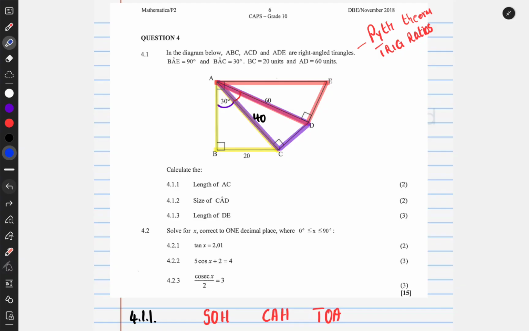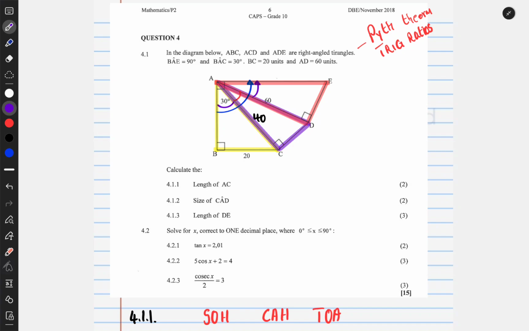So all of these angles from here to here are equal to 90 degrees. Therefore, we can calculate the size of this angle here, which we're going to call angle DAE.